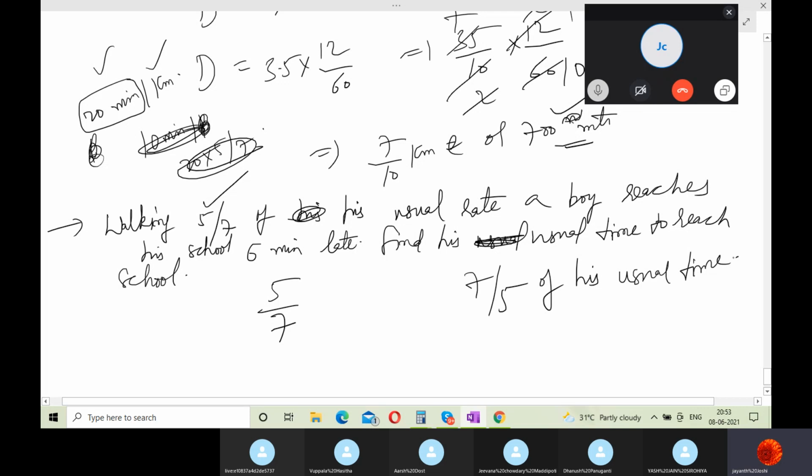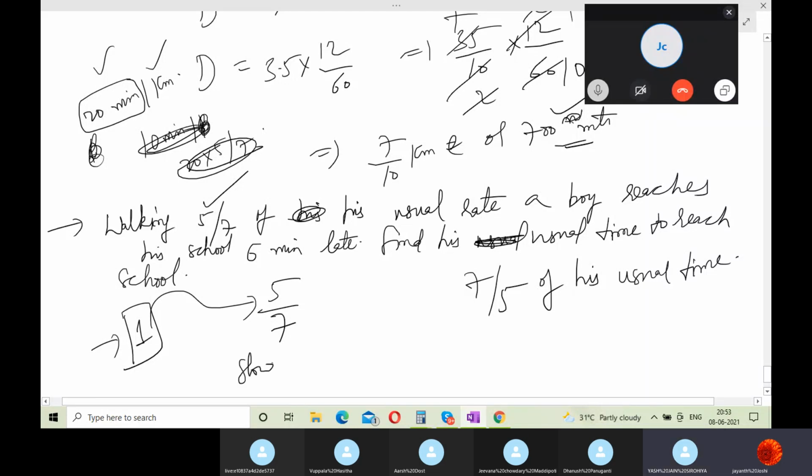See, if I take one as the complete thing, all of you please try to understand. If one is the total, and I am just taking 5 by 7 of that, if I take 5 by 7 of his usual rate, I am not walking to my full capacity, I am walking to a lesser capacity. Correct?